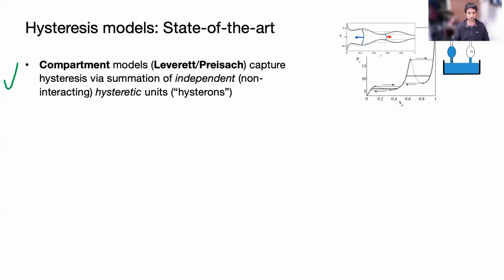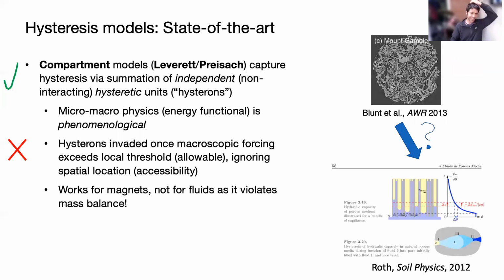The problem is that this energy functional, this energy landscape, is really heuristic or phenomenological. And this is not just because you tune it, but because these hysterons will be invaded for fluids once the macroscopic forcing exceeds the local threshold.